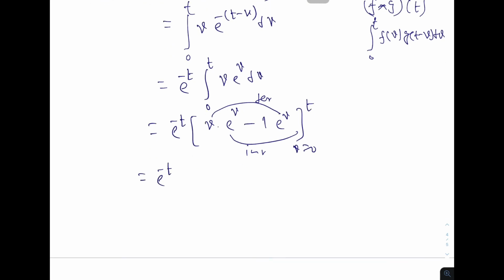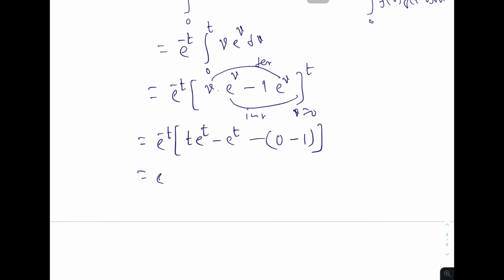So this is e to the power minus t times the bracket. Now v equal to t: this is t e^t minus e^t, and now v equal to 0: minus, due to this v that will be 0, and minus e^0, this is e^0, minus sign is 1.